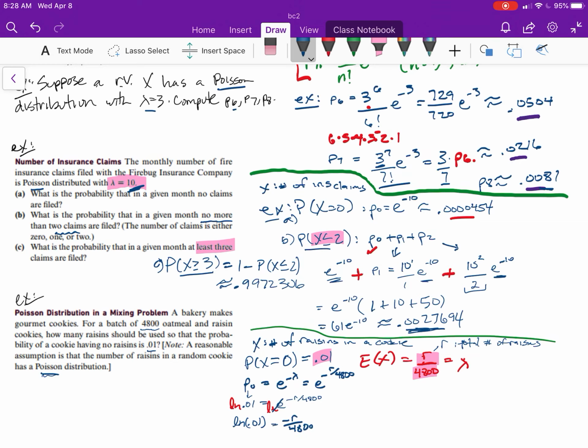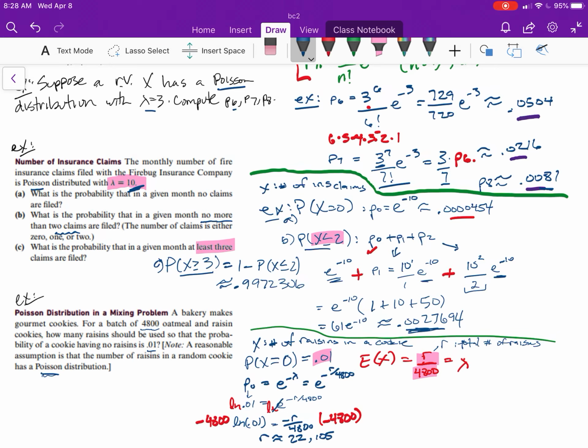So multiply both sides by 4,800, or let's go and do the negative as well. And r, you're going to need a calculator, right? Negative 4,800 times ln of 0.01 is about 22,105. So what does that mean?